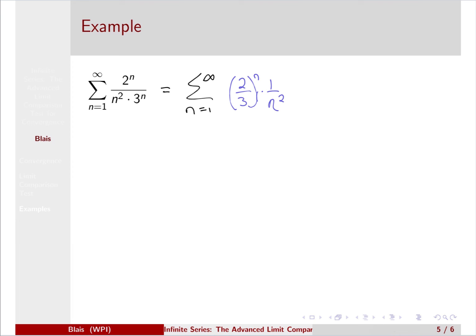So why don't we try? Based on that, we have a sense this thing should converge. The terms are going to be smaller than the terms in the corresponding geometric series we just talked about. So why don't we try comparing this with the sum n goes from 1 to infinity of 2/3 to the n, again, which is our convergent geometric series.